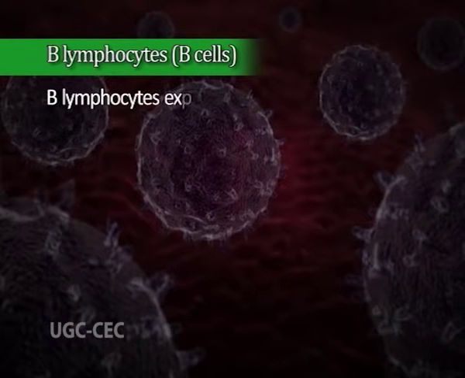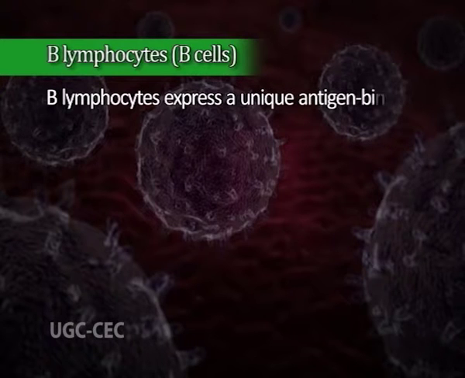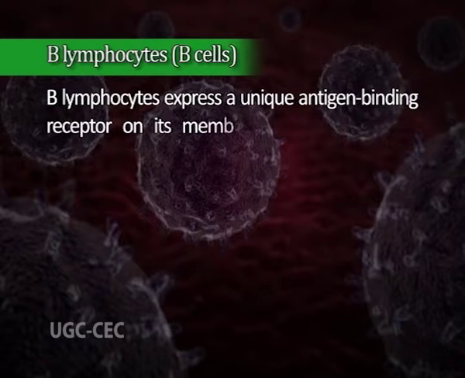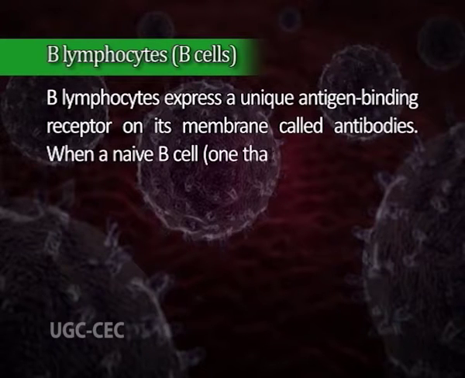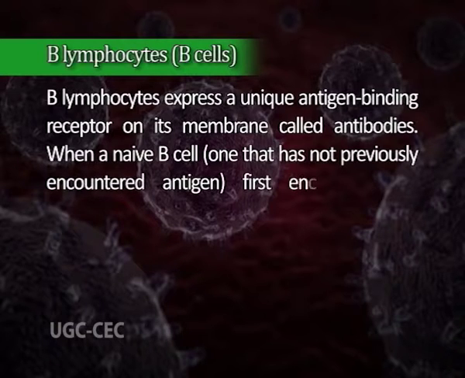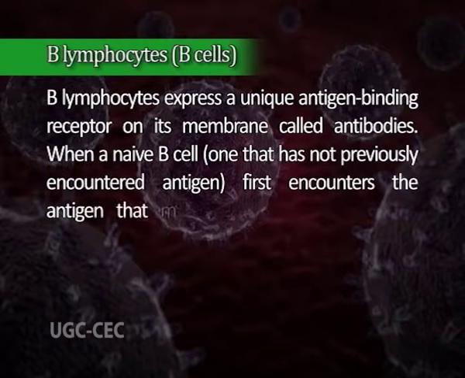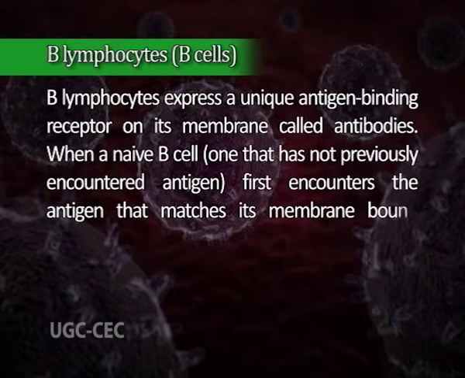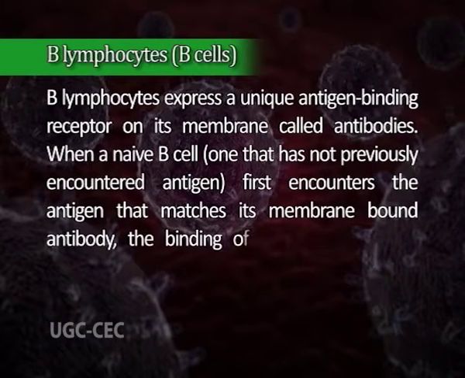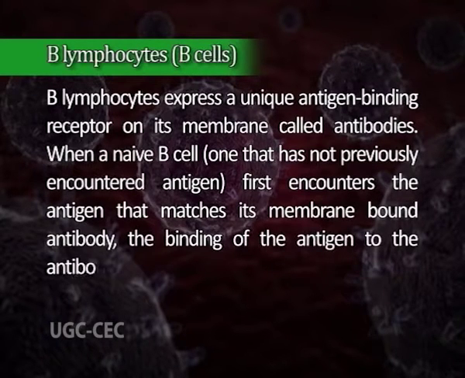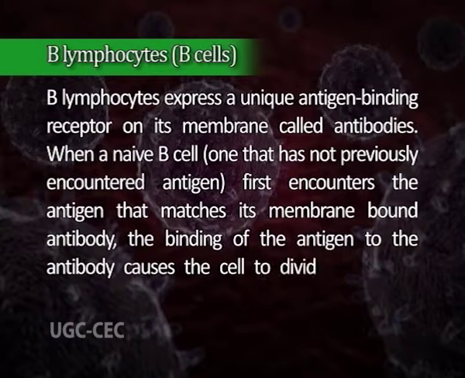B lymphocytes express unique antigen-binding receptors on their membrane called antibodies. When a naive B cell, one that has not previously encountered antigen, first encounters the antigen that matches its membrane-bound antibody, the binding of the antigen to the antibody causes the cell to divide rapidly.